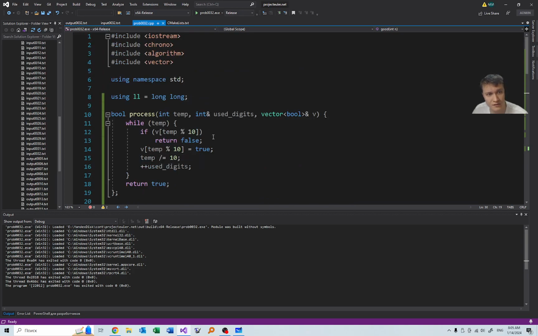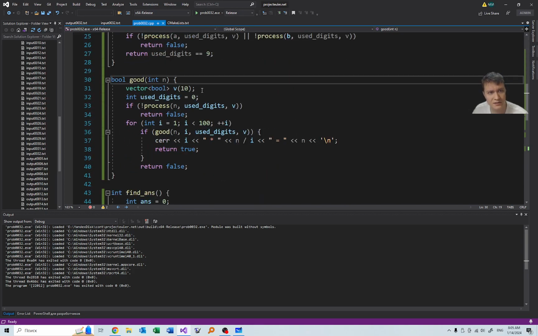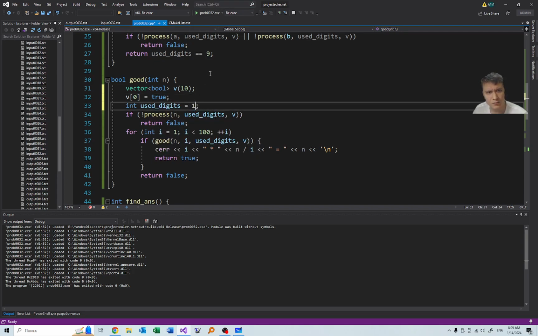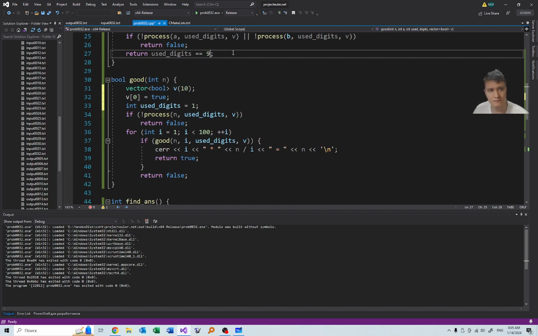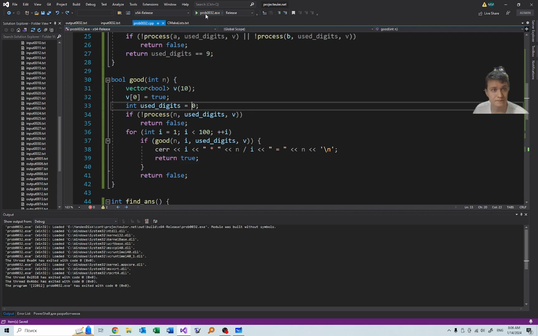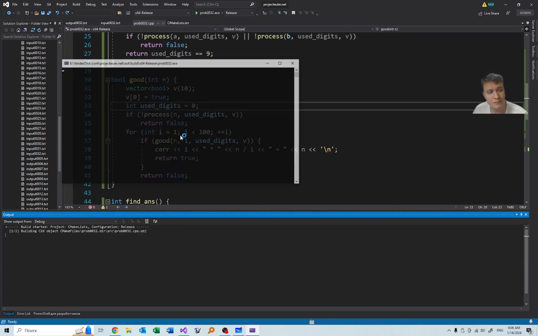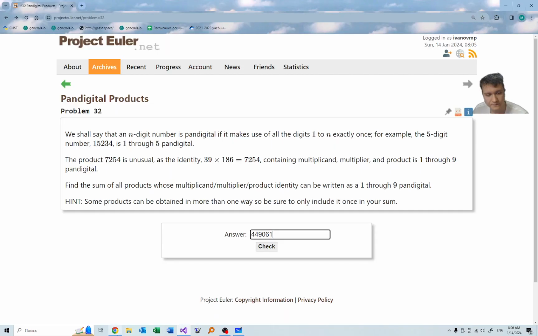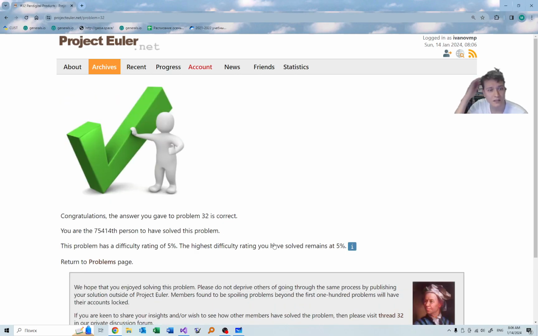So in a function process, instead of changing function process, I can simply say that v0 is true. I can even say that 1 and 10 here. No, I don't like it. So let's just write like this. And now it should be much smaller, and we have only these 7 equalities. Now it works.